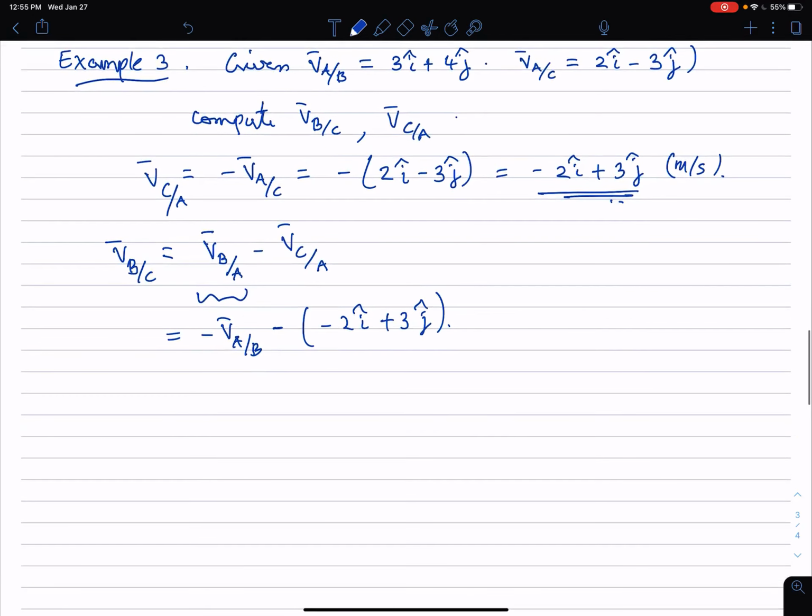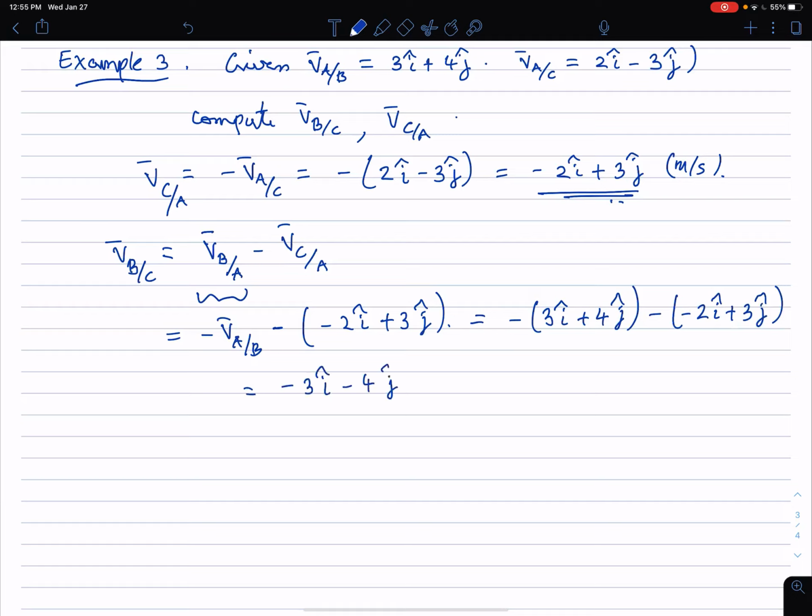And minus of VA with respect to B is basically minus of 3i plus 4j, minus of minus 2i plus 3j. So minus 3i minus 4j plus 2i minus 3j, which is going to be minus i minus 7j. And that's going to be the other answer.